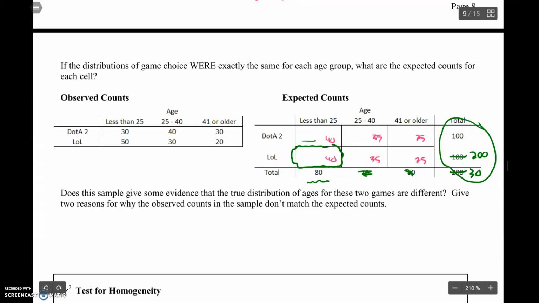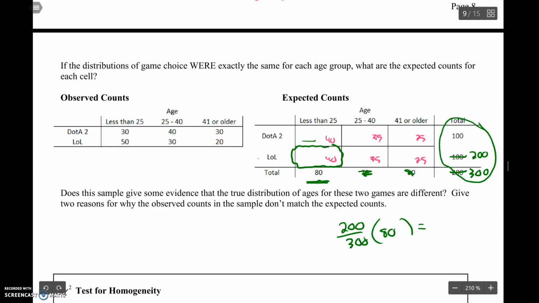Well, I could find out what percentage of people play League of Legends. League of Legends is played by 200 people out of the 300 people. That's the percentage that play League of Legends. And then of the total 80 young people, you'd expect them to be in this ratio, so let's just multiply that by 80. That would give it to you. Or you could look at it another way.